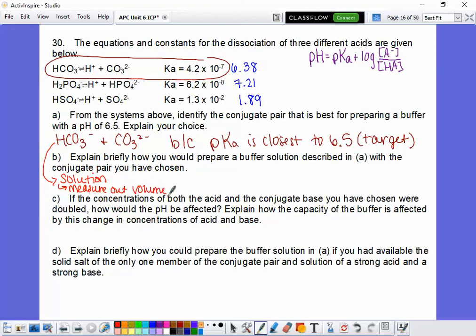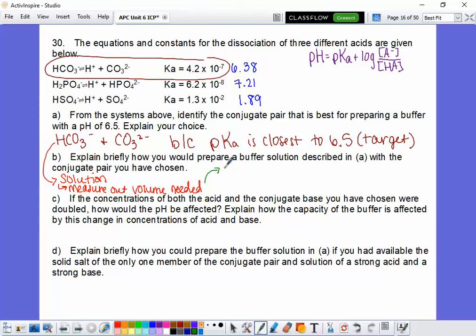So measure out the specific volume that you need. And then our conjugate base, in this case CO3 2 minus, will be in a salt. So it'll be like maybe sodium carbonate or potassium carbonate. I think for your lab, all of the salts are sodium salts. Okay.